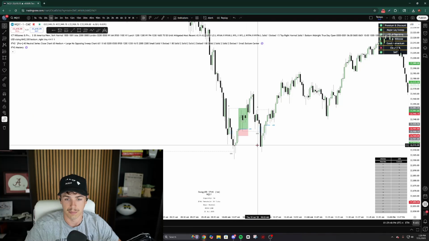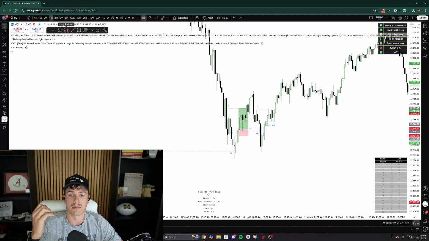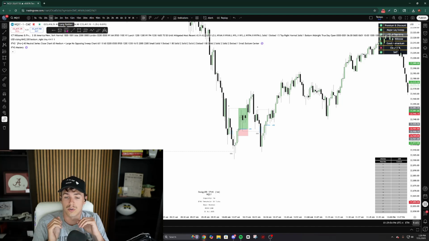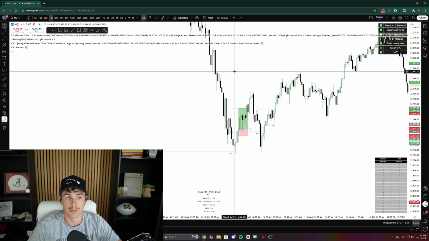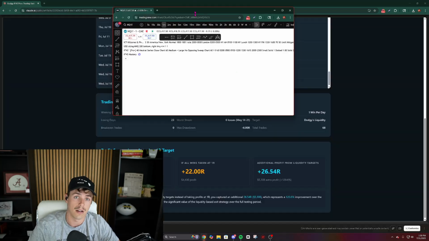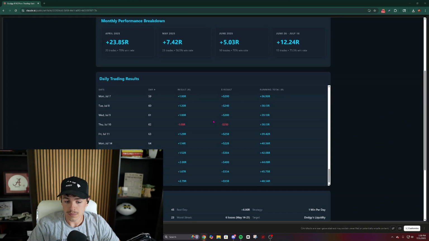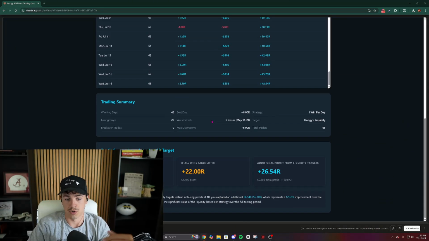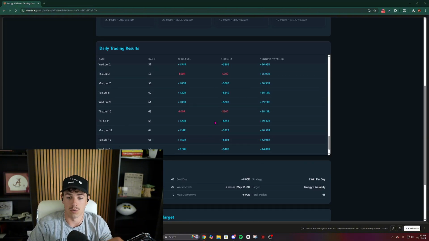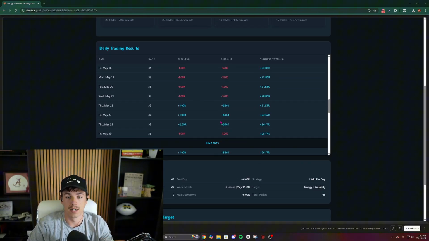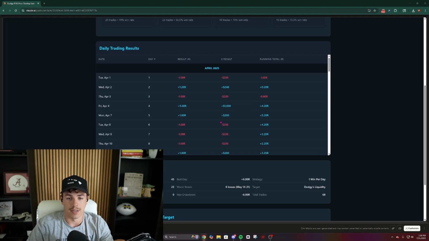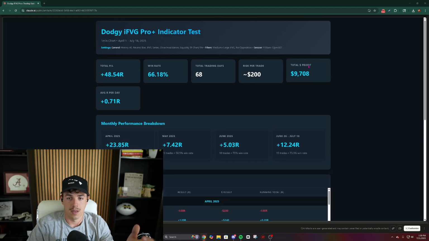I tried to make it so all the stats either hit your loss or hit your TP, so you don't actually move your stops around to break even at all. All the stats here are strictly loss or win. There's no break evens in here. I tried to make it as simple as possible.